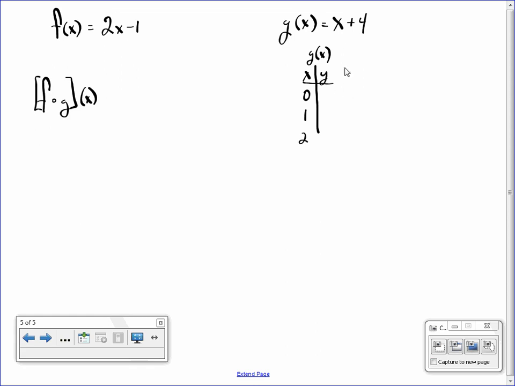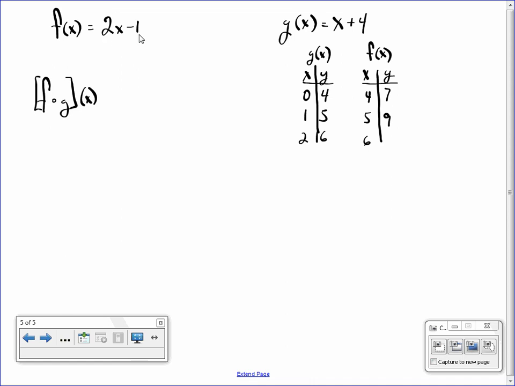Okay, if x is 0, then y is 4. If x is 1, y is 5. If x is 2, y is 6. Now then, let's run those output numbers in through this function f. Okay. So our new input is our output, 4, 5, and 6. So we would have 2 times 4 is 8, 8 minus 1 is 7. 5, 2 times 5 is 10, 10 minus 1 is 9.